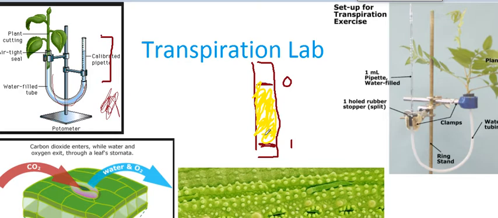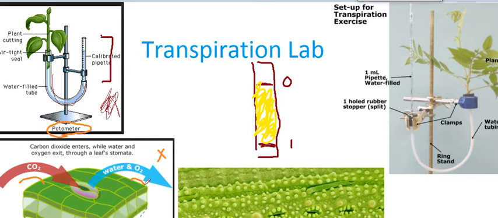Now, we'll come back to the tube in a second, but looking back at our entire transpirometer, or potometer, the nature is that transpiration, which I marked with an X in this picture, works like this: CO2 goes in the leaf, but out of the leaf comes water and O2. Plants take in CO2 and release O2.